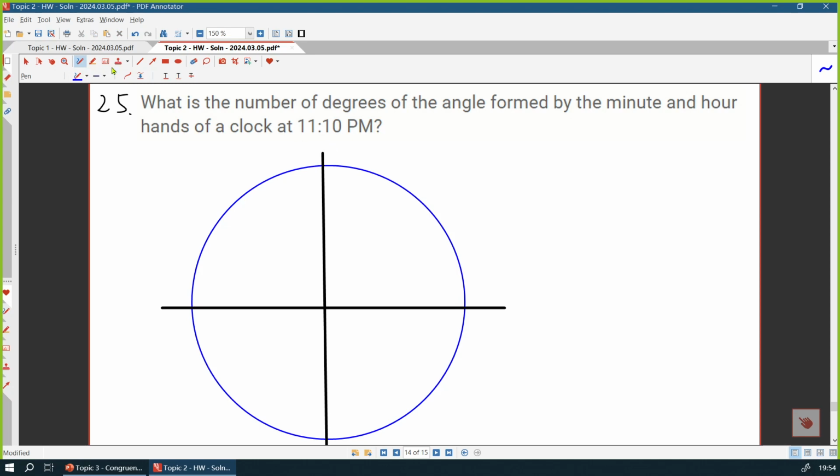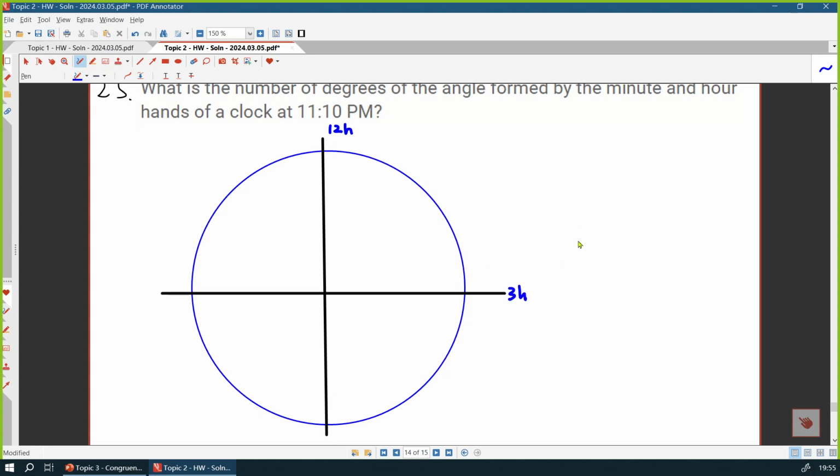Okay, so in terms of hours, this is 12 hours, and then this is 3 hours, then 6 hour, 9 hour, right? But in terms of the minute hand, let's also mark all of the hours then.